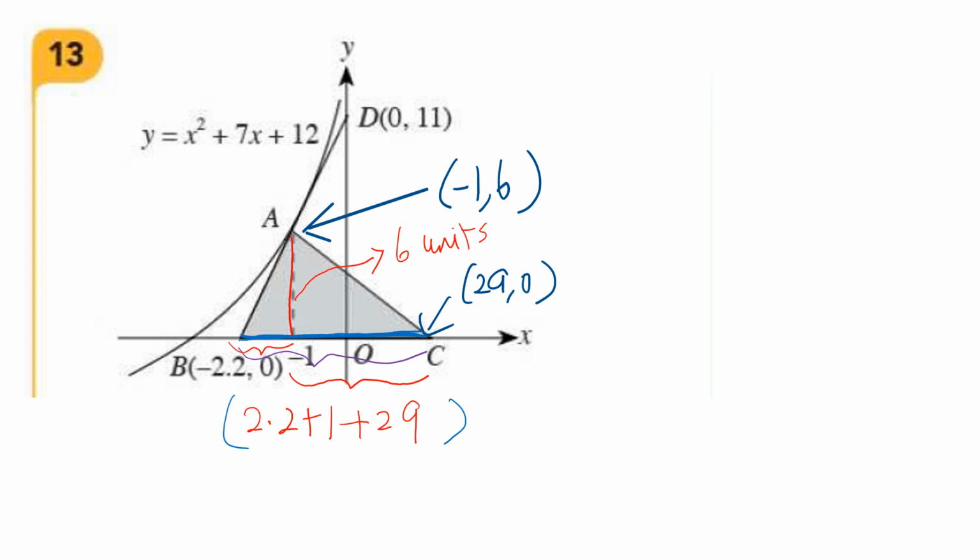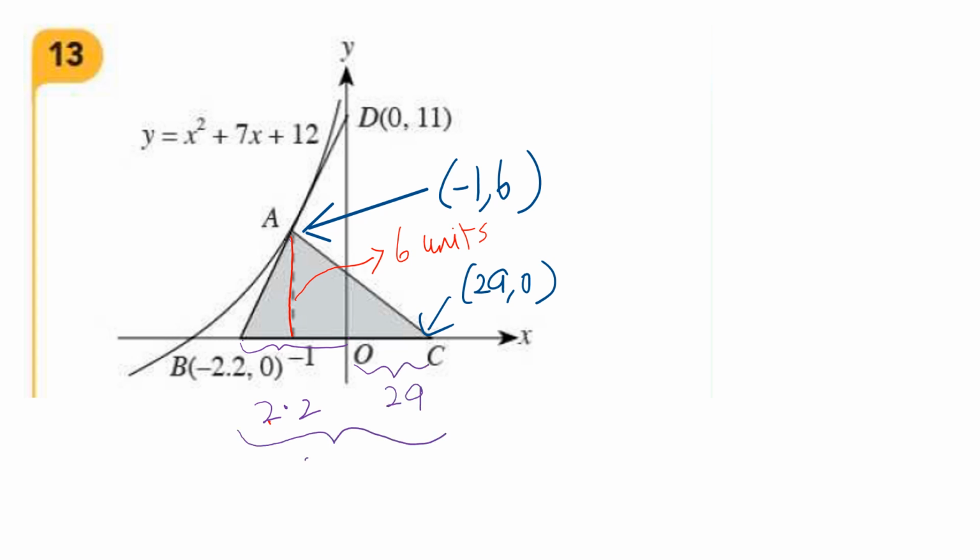Sorry, wrong. Let's try again. Here to here, basically just 2.2 only, because you look at point B is negative 2.2, means from here to here is 2.2. Then here to here is 29. So the base will just be 2.2 plus 29.